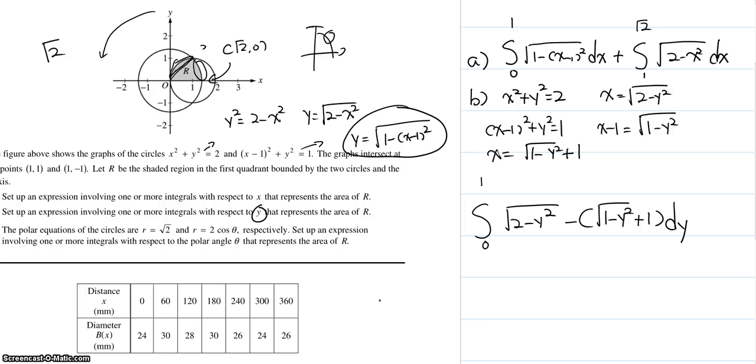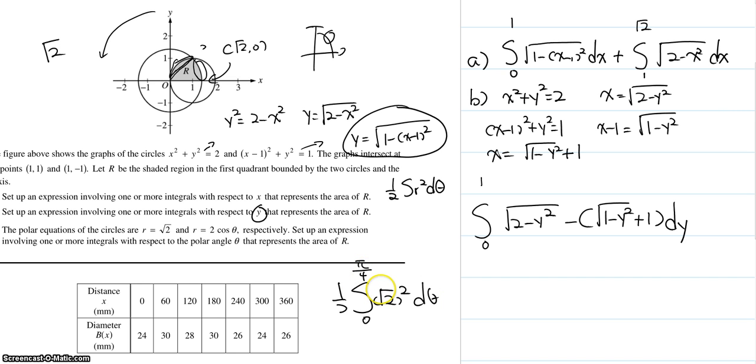Remember, the area in polar coordinates is 1/2 the integral of r squared d theta. So using this equation, we can integrate the big part, the part that was the arc of the big circle. This is easy because it's just 1/2 times the integral from 0 to pi over 4 of square root of 2, squared, d theta.